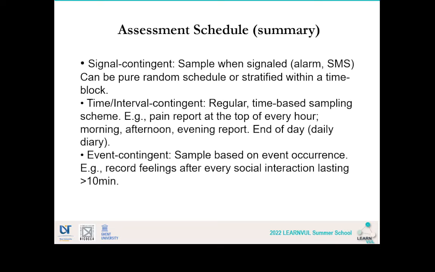So one thing, as I was saying before, is that it depends on what you want to assess, what kind of phenomenon, and what kind of analysis you want to do. For example, if you want to do autoregressive analysis and look at inertia, you have to have the time contingent. The interval between the assessments, the data points, needs to be the same.